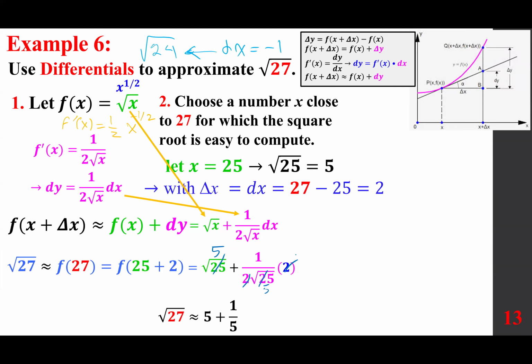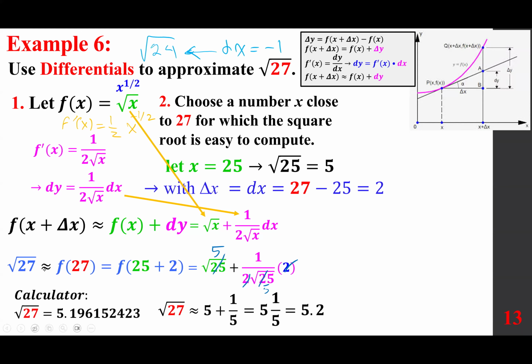These two, 5 plus 1/5, or 5 and 1/5, or 5.2, everybody. Pretty straightforward.